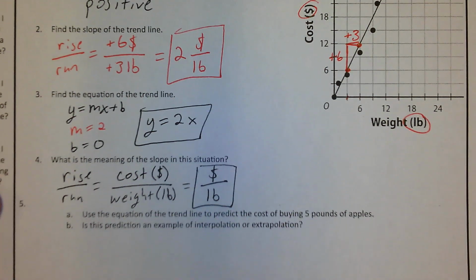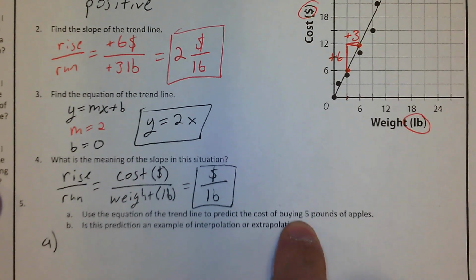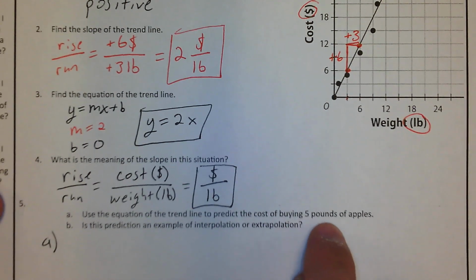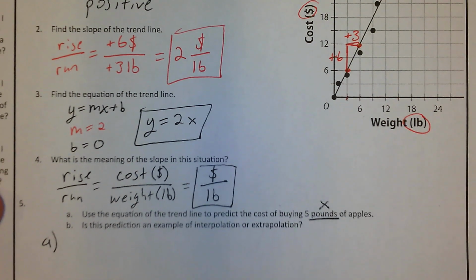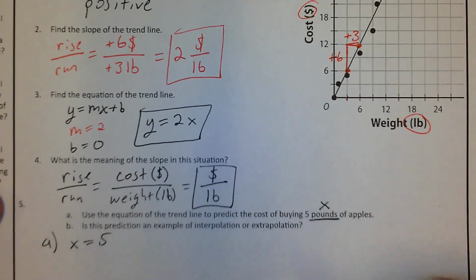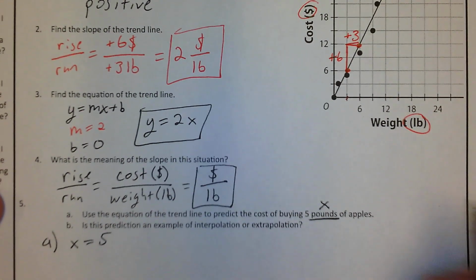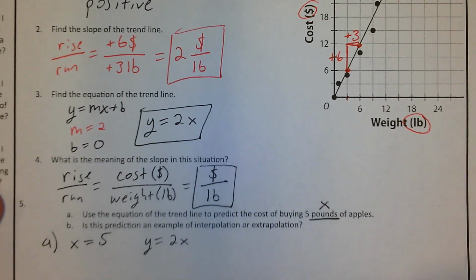Now, for question 5, it's a two-part. So for part A, use the equation of the trend line to predict the cost of buying 5 pounds of apples. So we know pounds is my x value. And we know that's going to cost 5. So I know x is equal to 5. Well, I know my equation is y equals 2x.